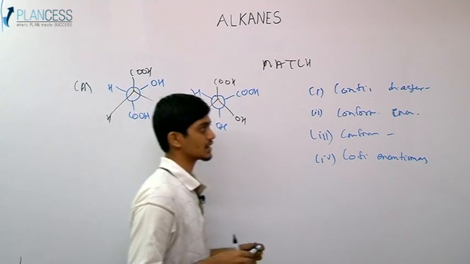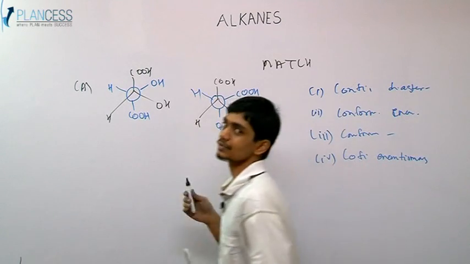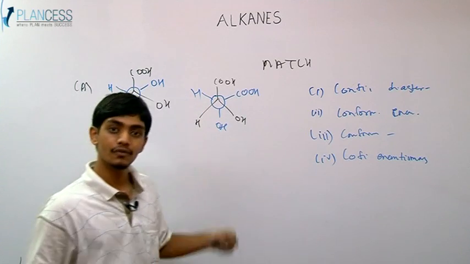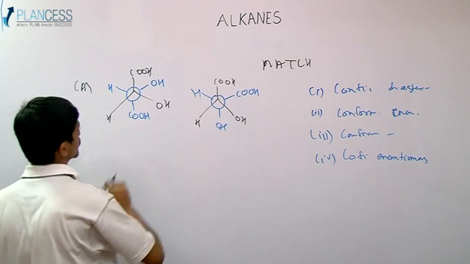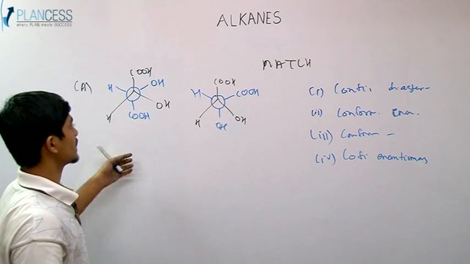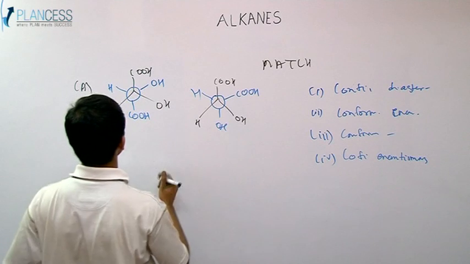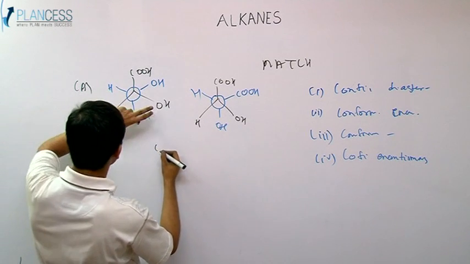And we have seen earlier that these relationships are determined by the Fischer projections. So that means our task is to convert these Newman projections to the Fischer projections. So let us start converting. First, what we need to do is we need to draw the eclipsed conformations of these. So we will just rotate it such that the blue carbon I will rotate.